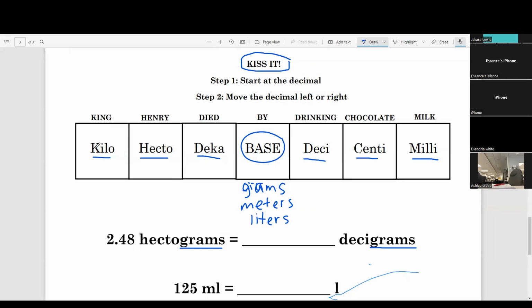So you guys got to make sure you know all of your prefixes, and in order to use the method of decimal movement, it has to be in this order. An easy way to remember that is through this acronym up top: King Henry died by drinking chocolate milk. What I have noticed is that most people, when they first begin their exam, they'll give you scratch paper. They'll write this on the paper so they're not trying to memorize it through the reading part, because that's what you have to do first.